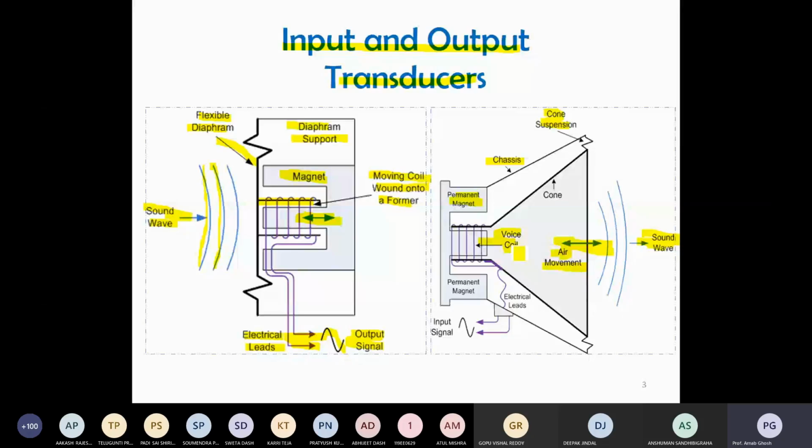The electrical leads, meaning electrical connectors, are there. The permanent magnets are steady, and the coil is moving, so we get a signal. Here the reverse happens: you give an input signal and the diaphragm position changes.